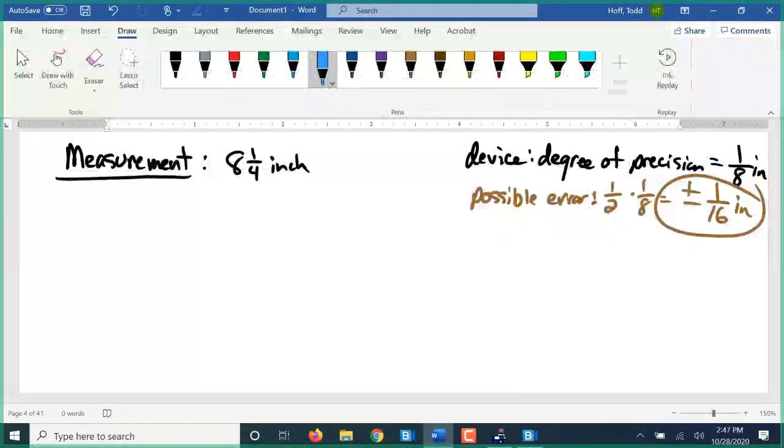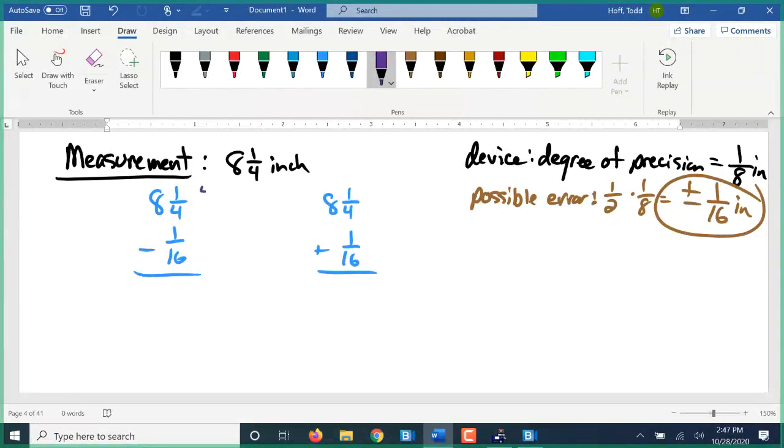So that means our measurement really, even though it's reported as 8 1/4, is from 8 1/4 minus a 1/16 to 8 1/4 plus a 1/16. Well, 1/4 is 4/16, so minus 1 is 3/16. That's 8 3/16 inches to a quarter, still 4/16, so that's 8 5/16 inches.